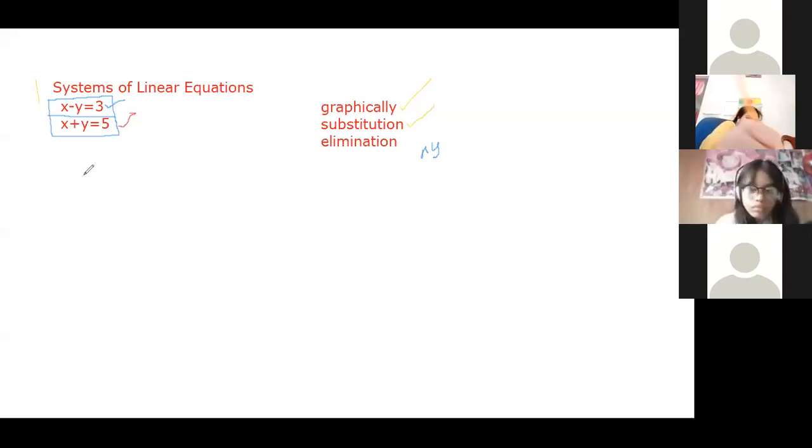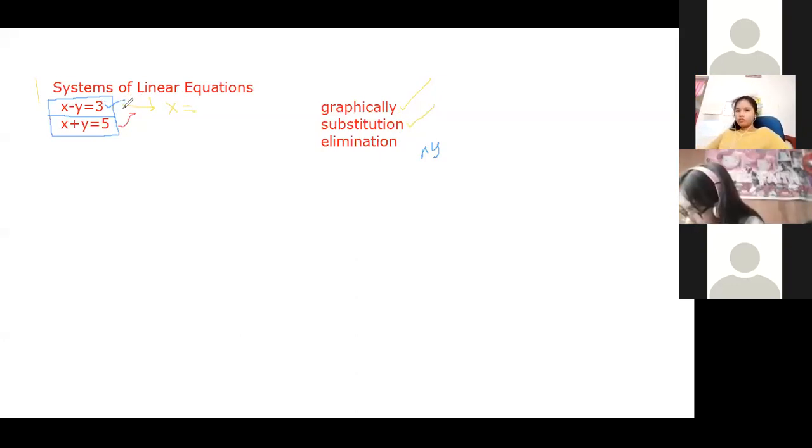Substitution method. First is express the first equation to x or y. This time, express natin to x. So what we will do is we will solve for x.